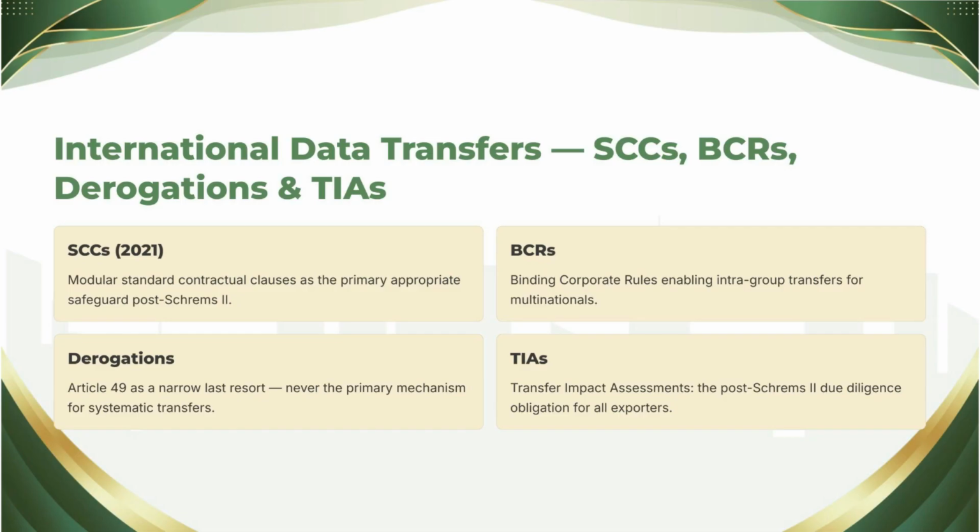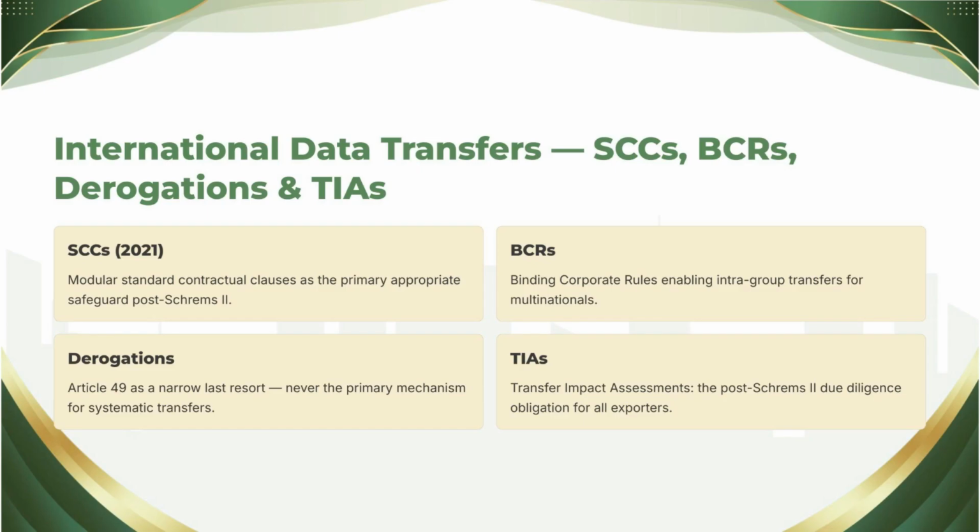First, the workhorse of global data flows, Standard Contractual Clauses, including the 2021 modernized set with its 4 modules and its clever docking clause. Then, the aristocrat of transfer mechanisms, binding corporate rules, the internally binding constitutions that multinationals build for intra-group flows, and the demanding approval journey behind them.